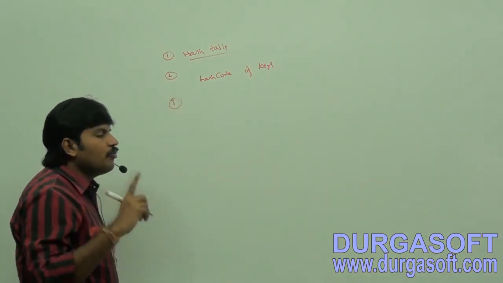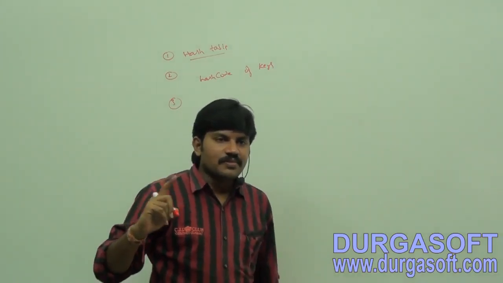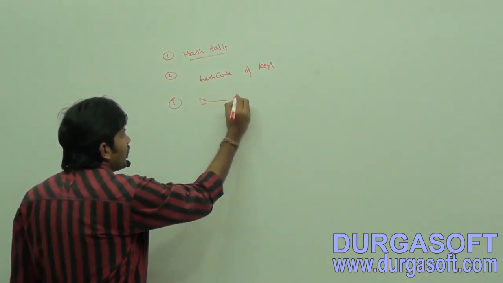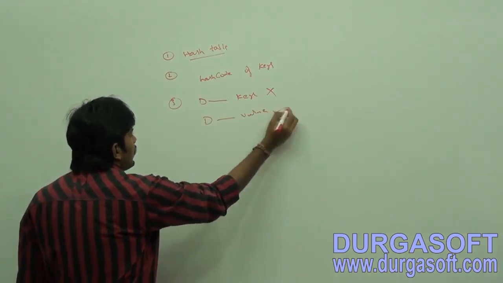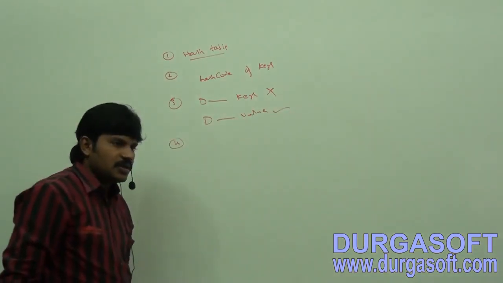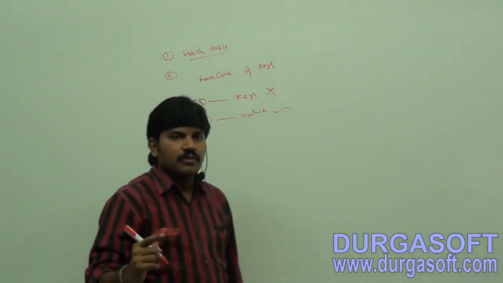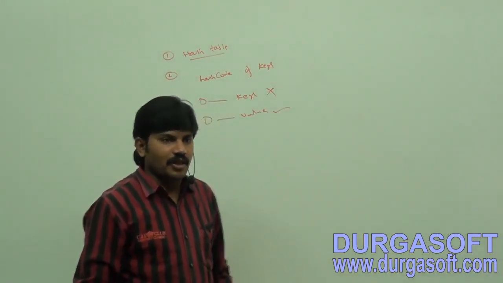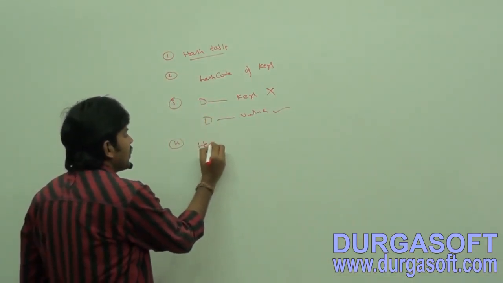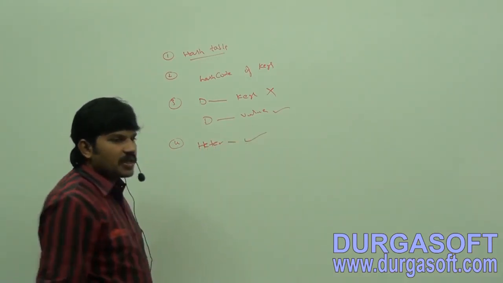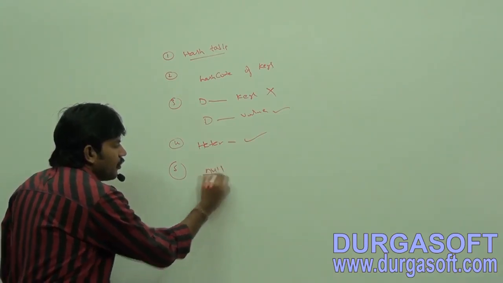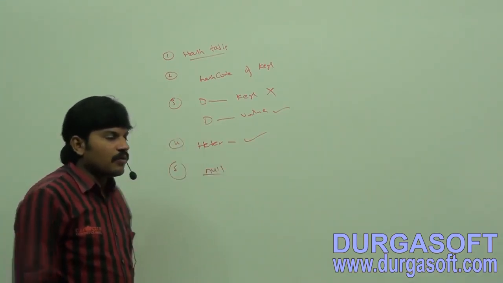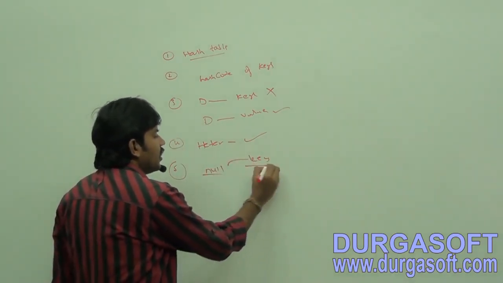Next, are duplicate keys allowed or not allowed? Duplicate keys not allowed, but duplicate values allowed, no problem at all. Next, for both key and value, happily we can use heterogeneous objects. Null is allowed for key, but how many times?